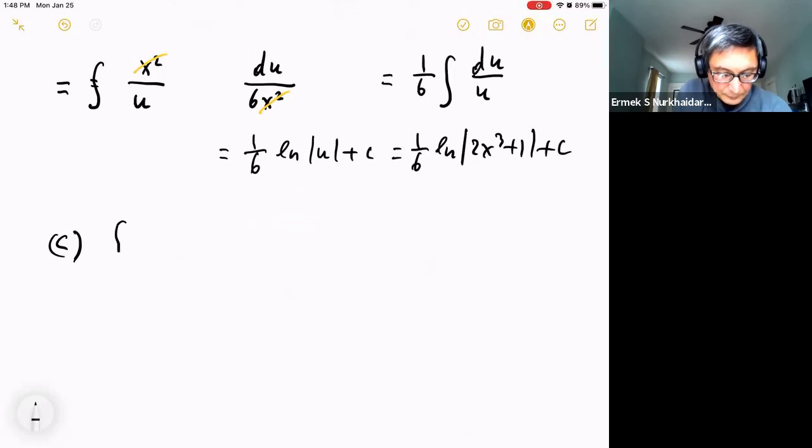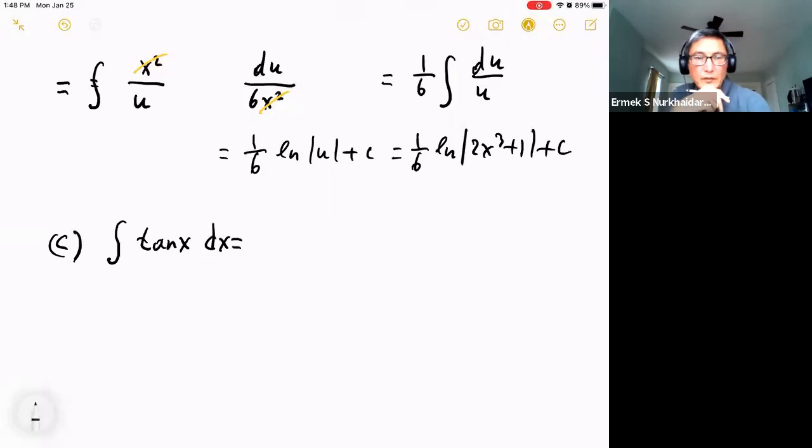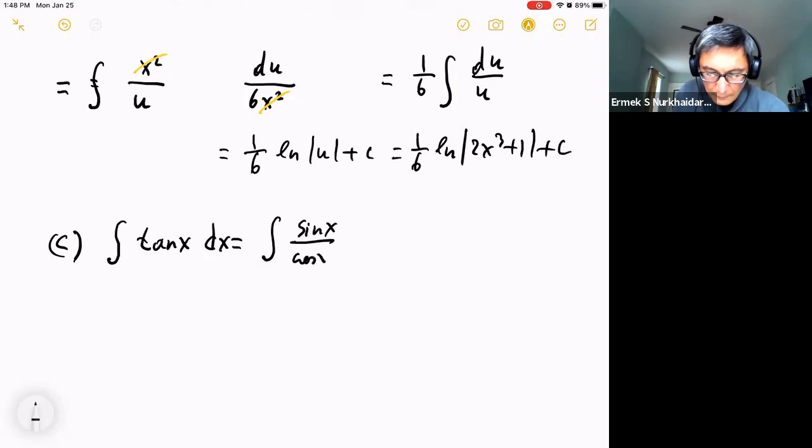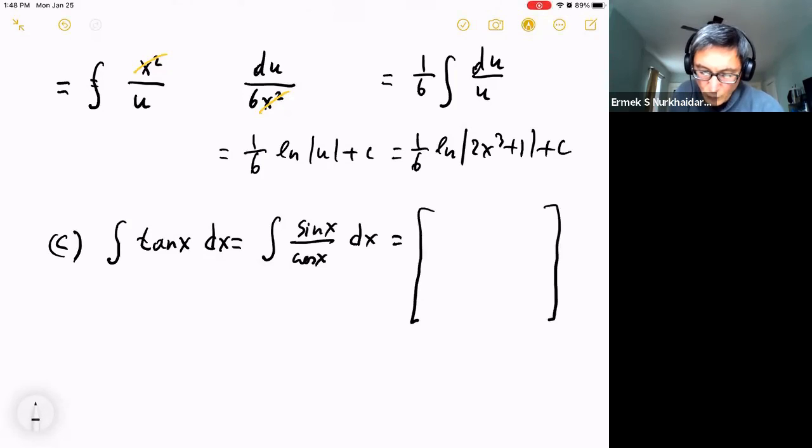Next integral looks a bit confusing: tangent x dx. But it's not going to be too bad if we realize that tangent is sine over cosine. And then we realize that we're going to be doing a substitution similar to what we already did.